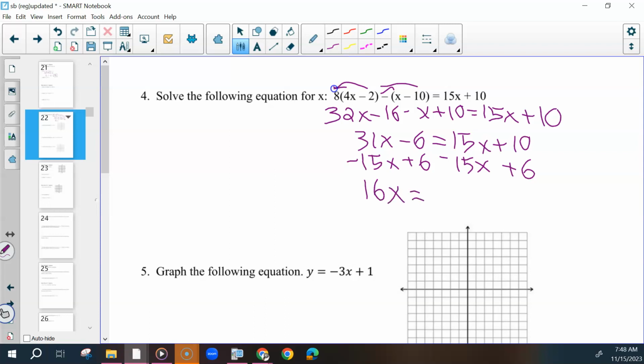Correct me if I was wrong. And then divide both sides by 16. So that x was 1. Isn't it negative 16? The way I subtracted it, I got confident that if you did it the other way, like subtracted 31, you would have got a negative, and the negative would have got a positive.